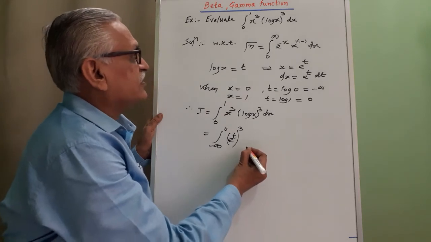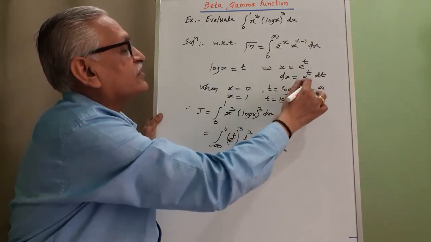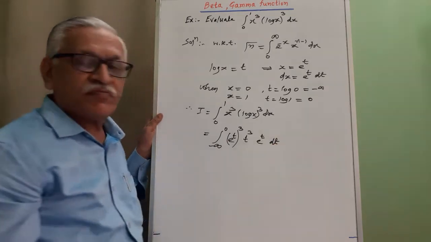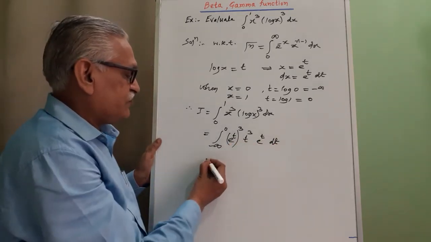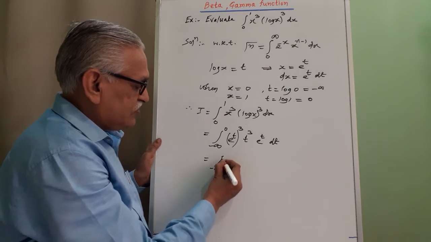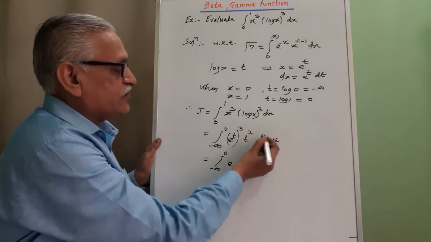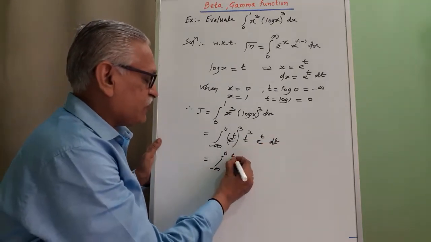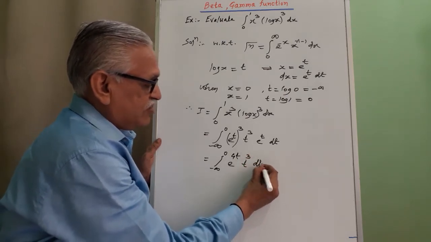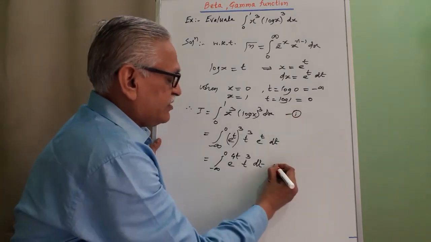Log x is t, and its cube is t cube, and dx is e raised to t dt. Combining these terms, we get the integral from minus infinity to 0 of e raised to 3t plus 1 more t, that becomes 4t, times t cube dt. We call this equation 1 and this one equation 2.